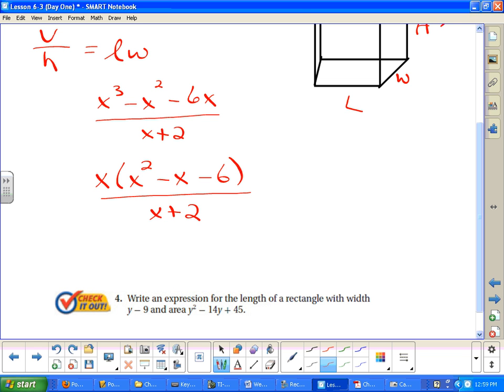When you're factoring a quadratic, which you just did in chapter 5, what are the factors of negative 6 that add up to negative 1? Negative 3 and positive 2. So I could rewrite this as x times x minus 3 times x plus 2.